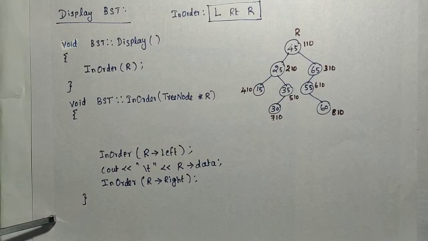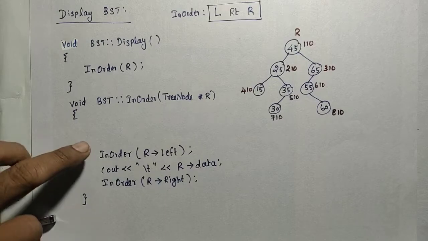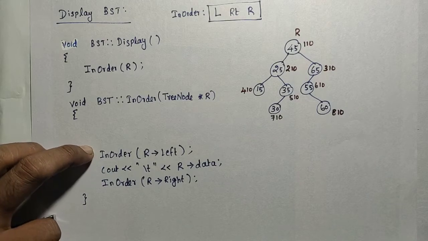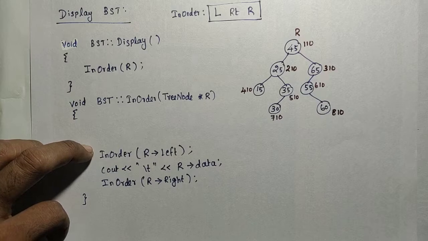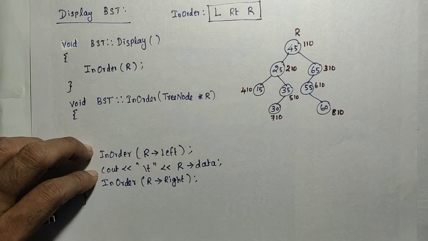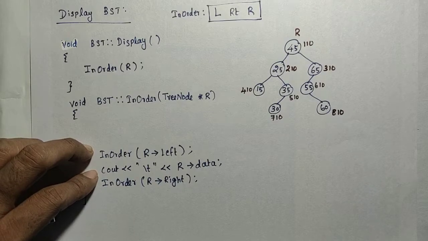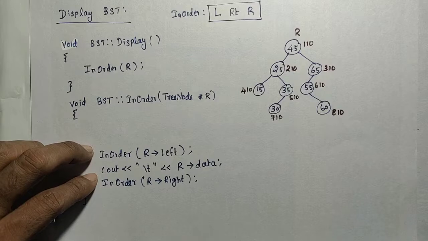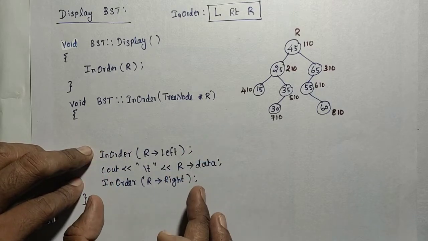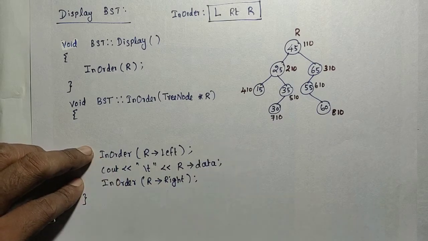Whenever you are going to write a recursive procedure, recursive procedure means the function is going to be called recursively, itself again and again. Be clear, keep it in mind. When you define a recursive procedure, we need to set the base case or termination case. It means in which condition the recursive call should be terminated.